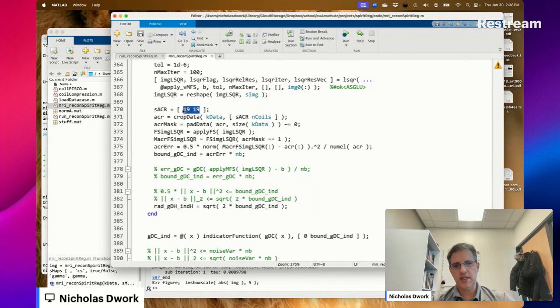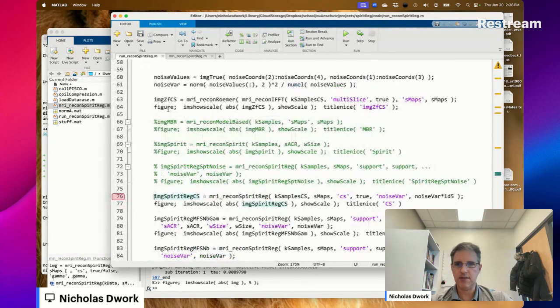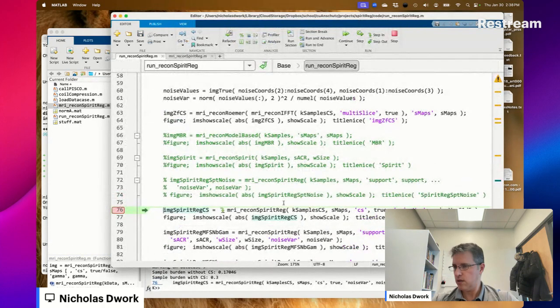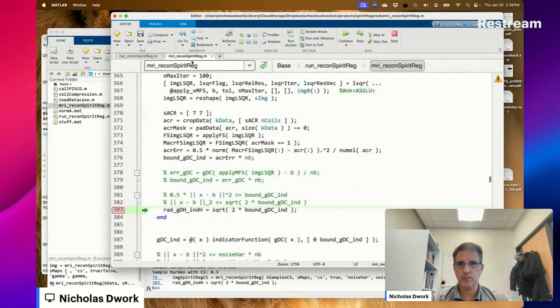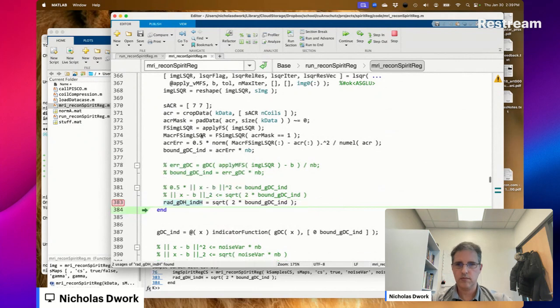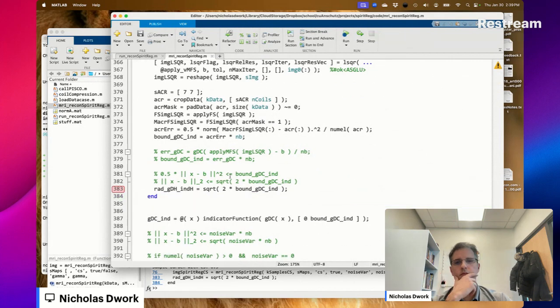Just so I know, what's the answer if I pretend that the ACR was size 7 by 7? No, it's 2. Huh.